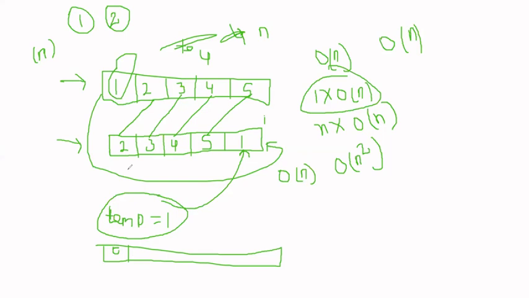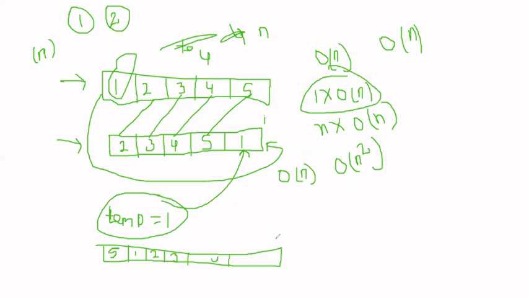Okay, let me erase this first. And then just wait, you will get it. So this is 5. Here it will be 1. Here it will be 2. Here it will be 3. Here it will be 4.